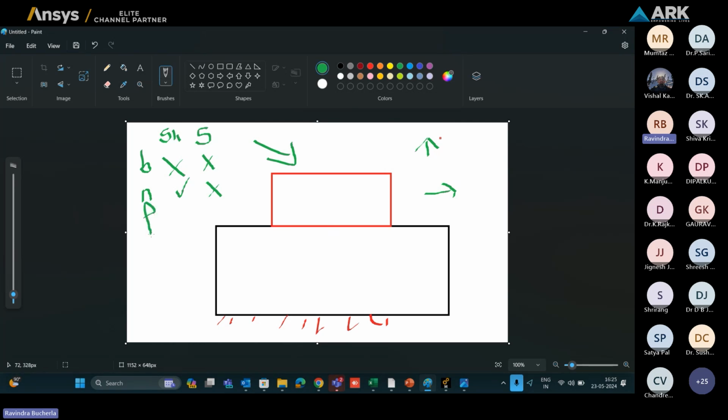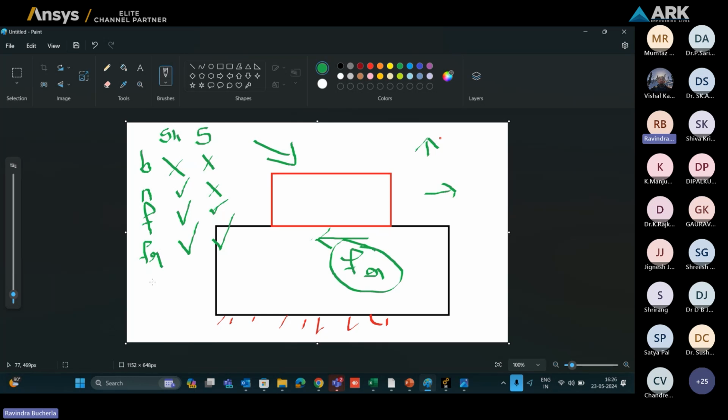Similarly, in frictionless, sliding will be allowed and separation will also be allowed. For frictional also, sliding and separation will be allowed, but additionally a frictional force will be acting. That is the only difference between frictionless and frictional.